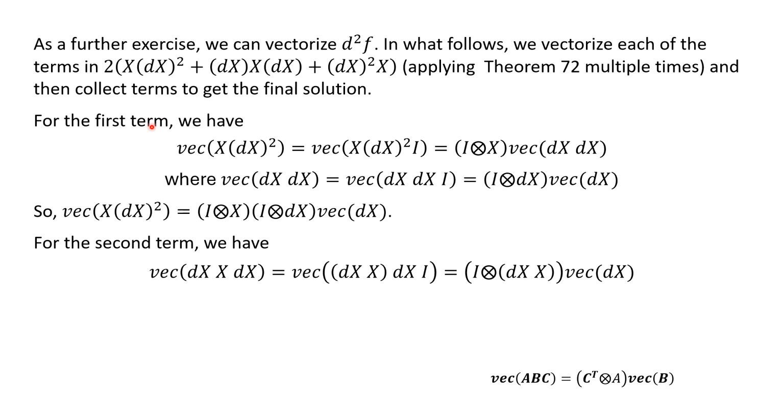All right, so for the first term, we vectorize this, and I left the 2 out. I'll bring it back at the end. We vectorize this here. So I put an identity matrix here, just so we can get it in this form. And that gives us this. I just wrote out the x squared as dx times dx.